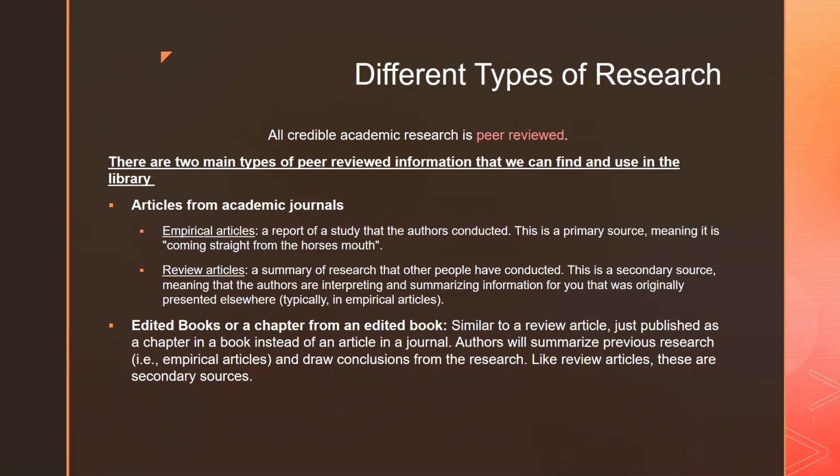That starts to get very convoluted and confusing. And so being able to distinguish an empirical article from a review article is going to be important. And luckily, the library makes that easy because it just has kind of an item line on the index that tells you what type of article it is.